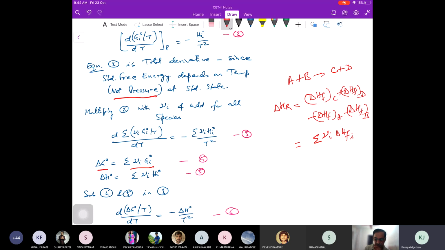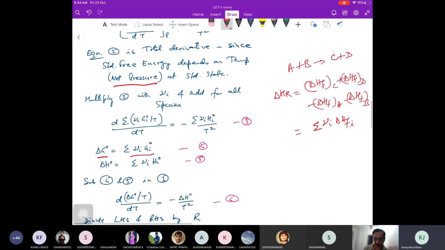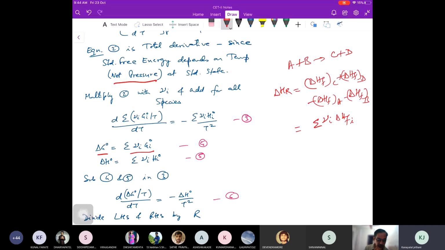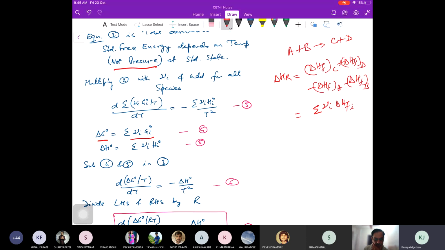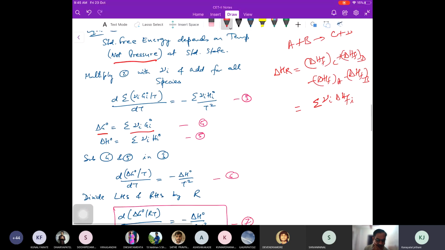Right? Okay, do you remember this? So the same thing we are doing here. If you want delta G0, you have to take again summation of nu i into Gi0, and delta H0 is nothing but summation of nu i into Hi0. And that's how we always do for heat of reaction, heat of formation, and so on.